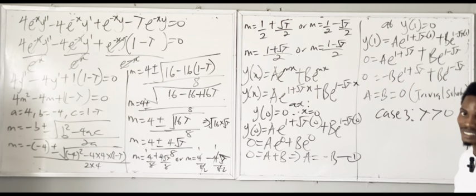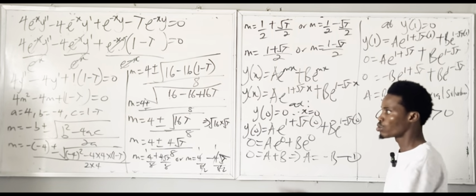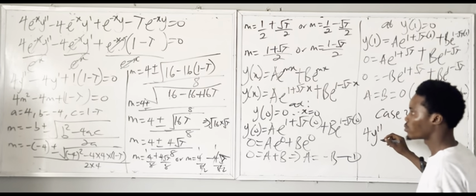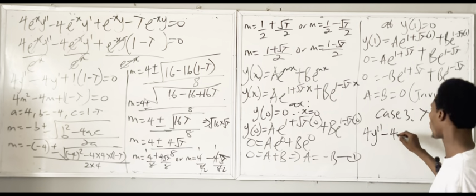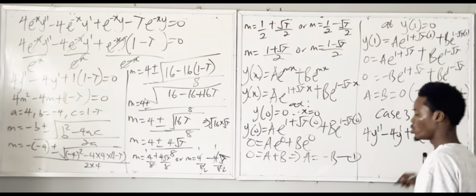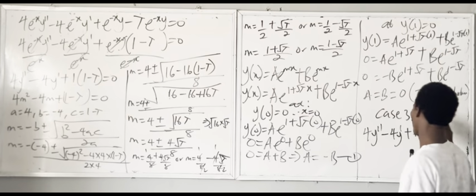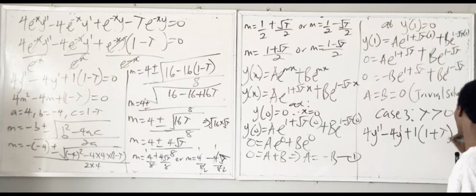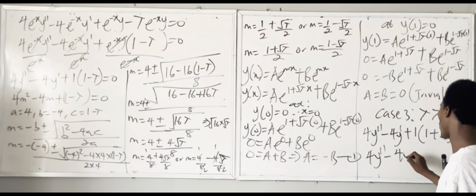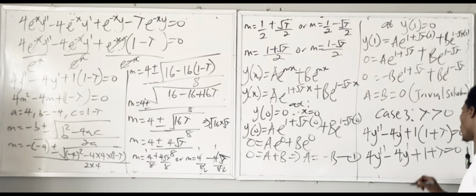If lambda is greater than 0, it means lambda is positive. So whenever I see lambda, I put plus. So in this case, I'm going to have 4y double prime minus 4y prime plus 1 plus lambda is equal to 0.